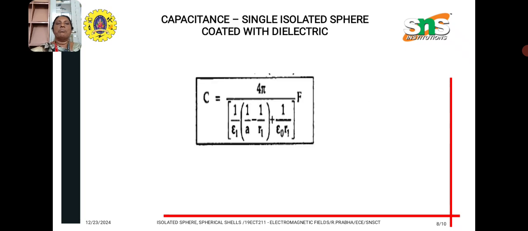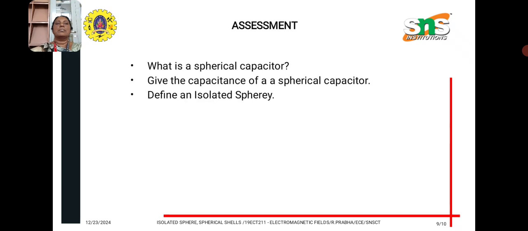So now the capacitance of a single isolated sphere coated with a dielectric material is C is equal to 4 pi divided by 1 by epsilon 1 times 1 by a minus 1 by r1 plus 1 by epsilon naught r1, in farads.